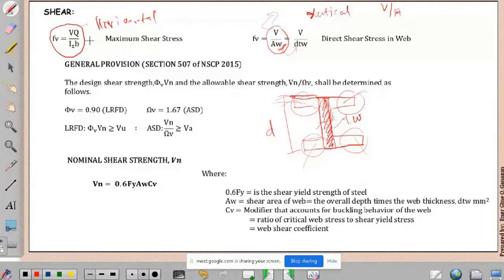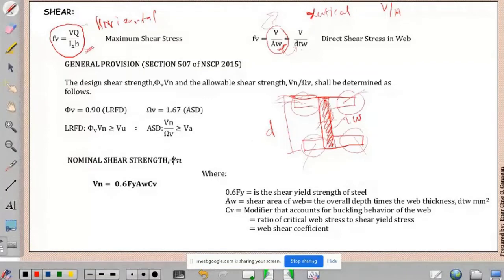So, ang equation natin for horizontal shearing stress, yung tinatawag nating maximum shear, is equal to VQ over IB. So, ito yung, pag maalala nyo, ito yung ginagamit ninyong equation sa strength of materials ninyo in computing for the shear stress. Okay?